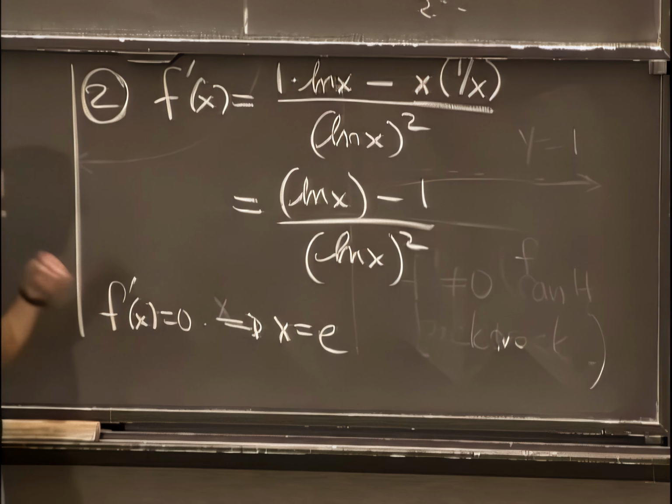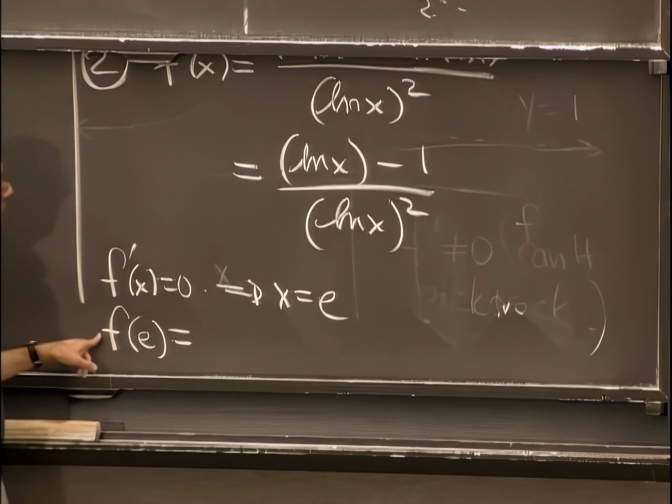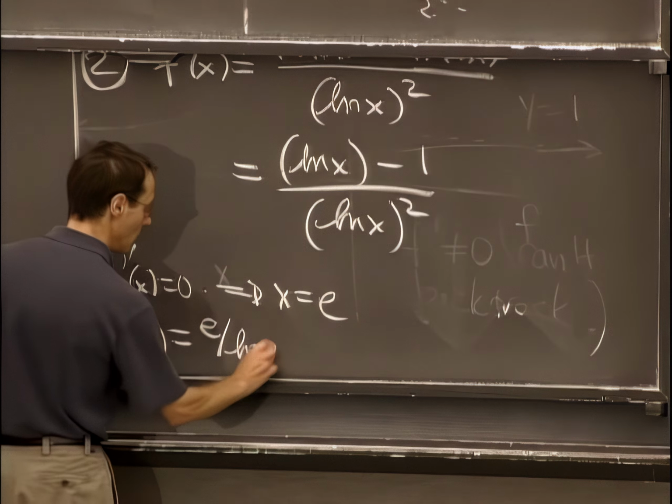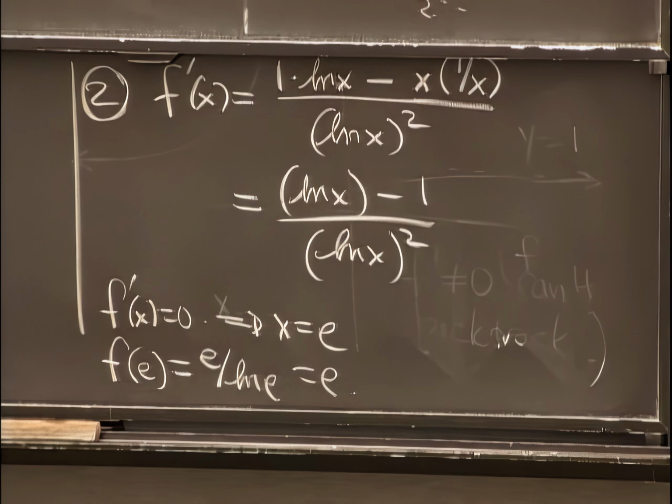So here's our critical point, and we have a critical value, which is f of e. That's going to be e divided by log e, which is e again, because log e is 1. So now I can also plot the critical point, which is down here. There's only one of them, and it's at (e, e).